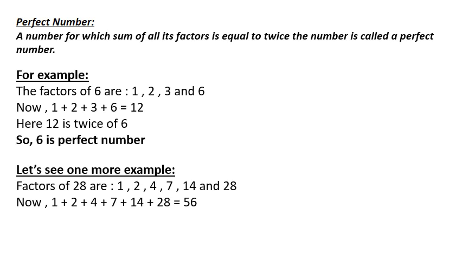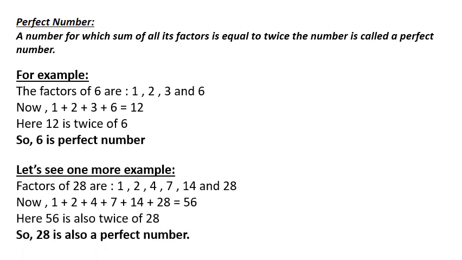The answer of this addition is 56. Now if you observe properly, 56 is twice, means double of 28. So 28 is also a perfect number. This way you can try with more numbers and find out whether your number is a perfect number or not.